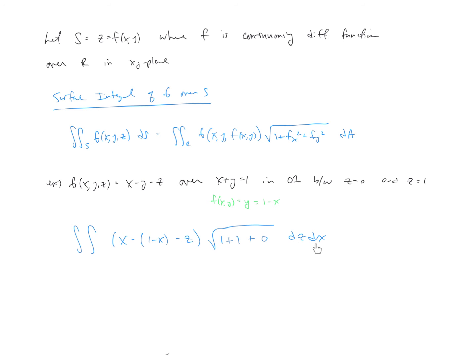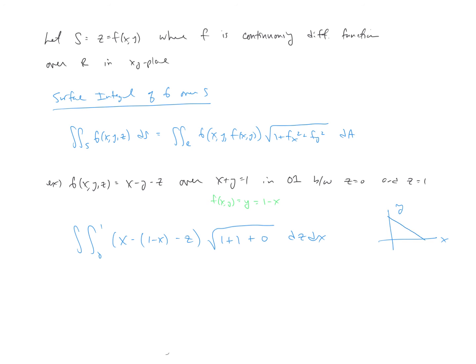And then, of course, this would be dz dx. The z you could see would run from 0 to 1, so we'll put a 0 to 1 there. And then in terms of the x, it's probably easiest if I draw this out. If this is the xy plane, and remember we're talking about over the xy plane, this guy is going to be your line with a negative slope and a y-intercept of 1.